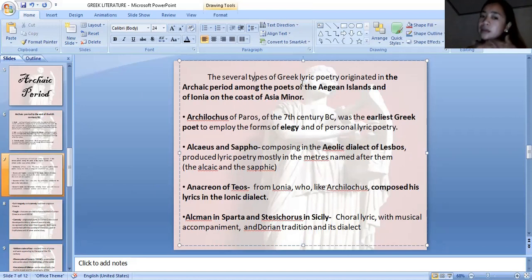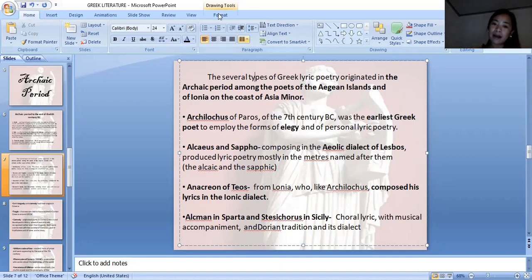So, dito kay archaic period na-develop yung ating poetry. Ano ba pag sinabing poetry? Those are the rhymes. Diba? Saan makikita si rhyme? Sa poem, sa tula. So, ibig sabihin, in short, in the archaic period, dyan na-develop ang pagsulat ng tula.